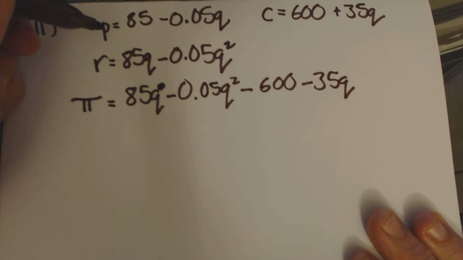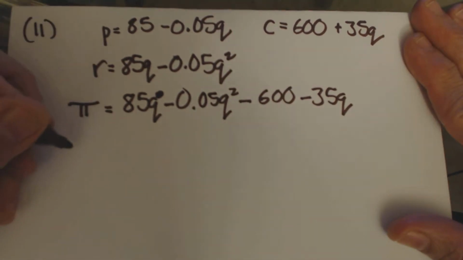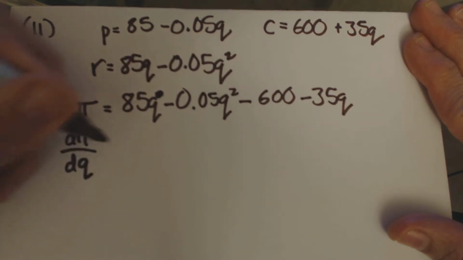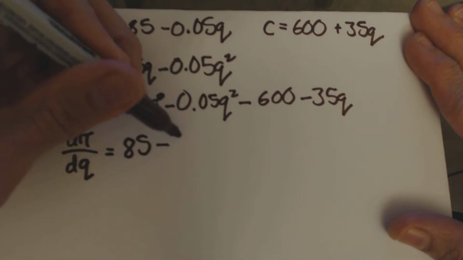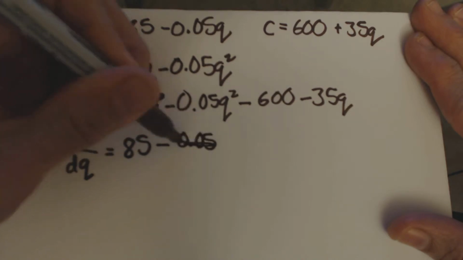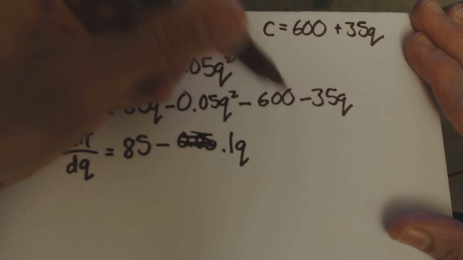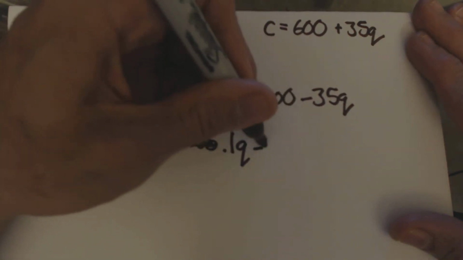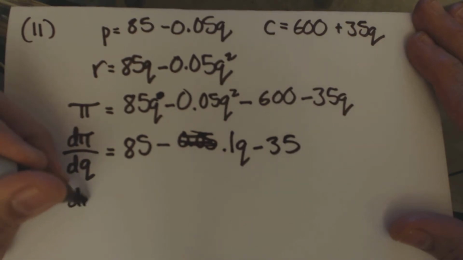So we're trying to figure out what level profit is maximized, so we need to find a critical value for Q. So let's take the derivative of profit with respect to quantity. We get 85 minus 0.05 times 2, which is 0.1Q, minus 35.